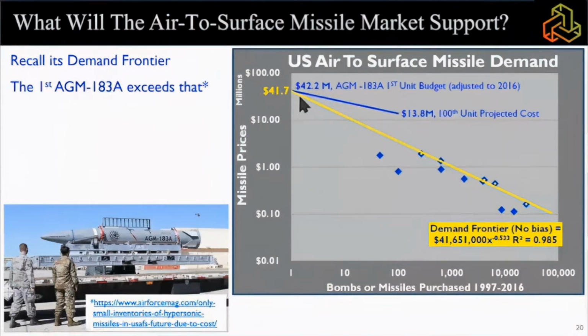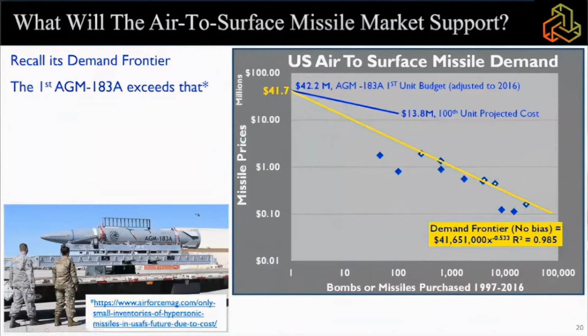And if the good people at Lockheed, I worked 30 years at Lockheed, the Skunk Works, were to build this vehicle and experience the same demand curve that they're having for the F-35, well, by the time they get to 100 units, they might work the price down to 13.8, which looks pretty good compared to this. But recall this demand frontier that we have here.